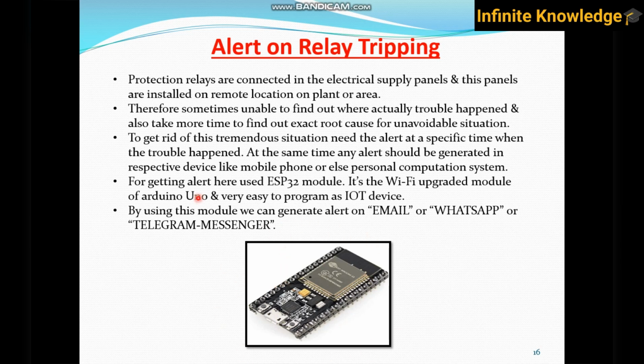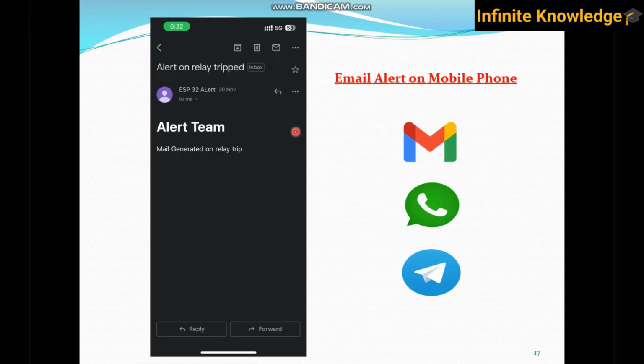If you upgrade your project with this module, this extra module that you need to connect will give you an email alert on tripping, a WhatsApp alert, or a Telegram alert. So you will get this type of alert message on a particular over voltage or under voltage.